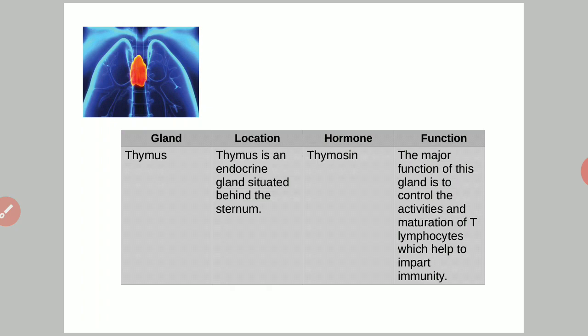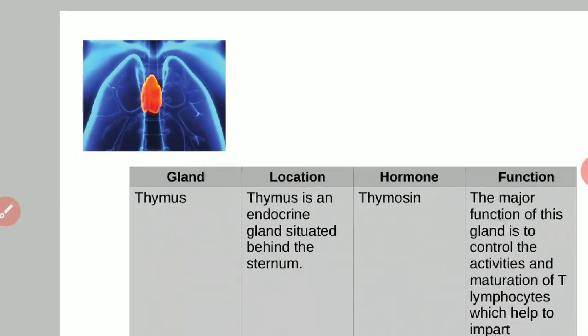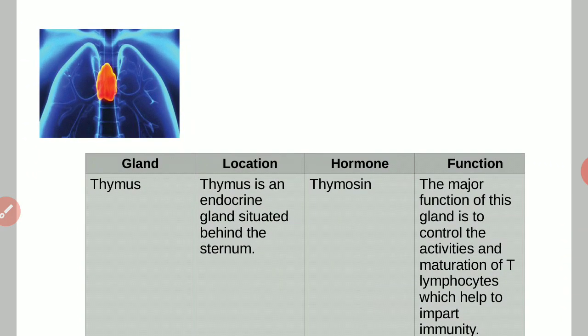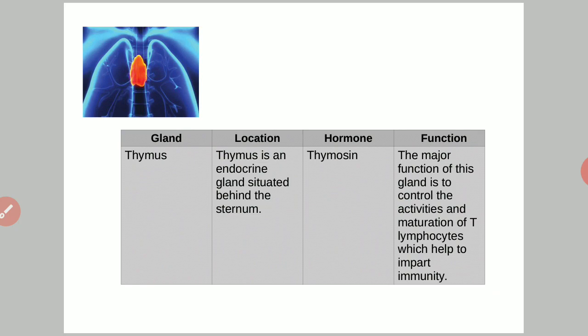When we reach puberty, this gland constricts, and the hormone activity mainly happens during the infancy stage. So the hormone is known as the youth hormone. The function is maturation of T lymphocytes, helping for immunity, and mainly it happens during the infancy stage. So it is known as the youth hormone.